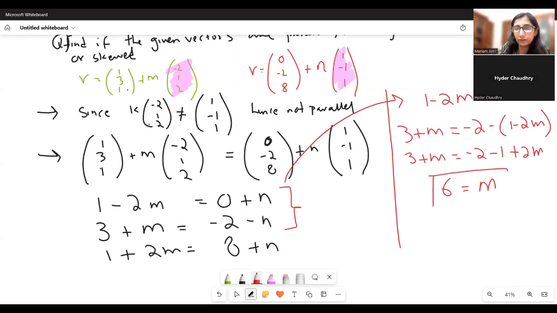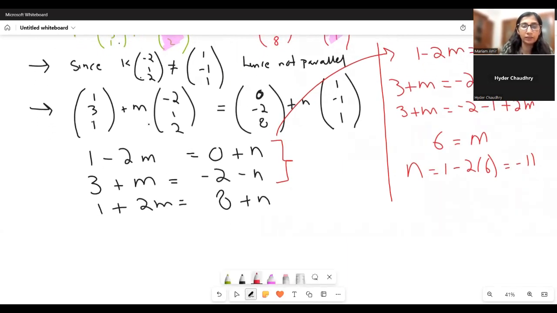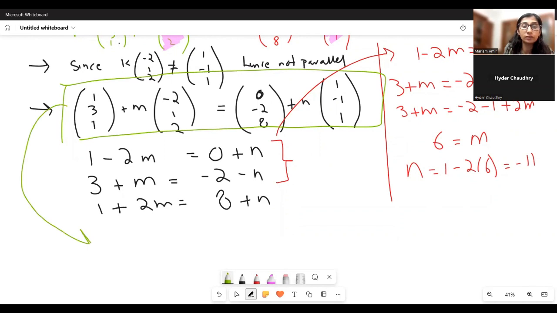m is 6. Now let's find n. n would be 1 minus 2 times 6, so that is minus 11. Okay. Now, if m is 6, n is minus 11, let's substitute the values of m and n here and see whether we get the same coordinates on both sides.